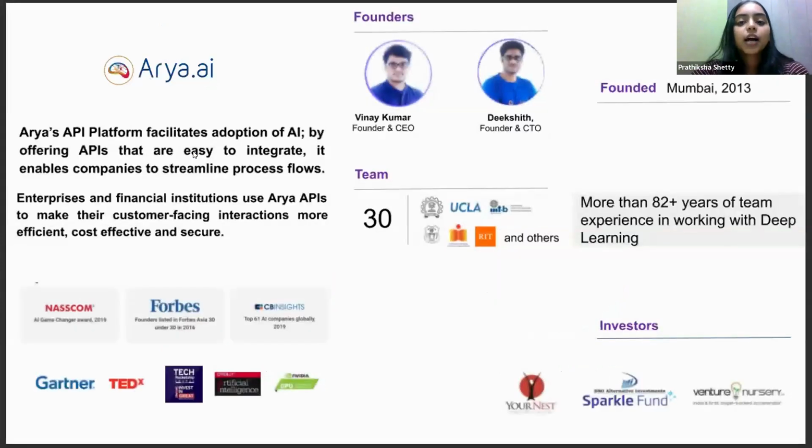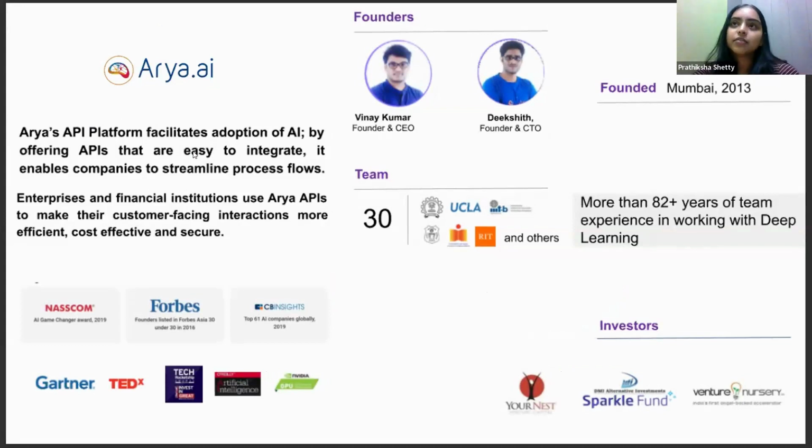So, talking about our company, we are Arya.ai. We have an AI API platform where we offer more than 70 ready to use APIs for automation of various operational processes. Our journey started in 2013 by Deekshit Marla and Vinay Kumar. We are one of the first AI companies to pioneer in deep learning technologies.